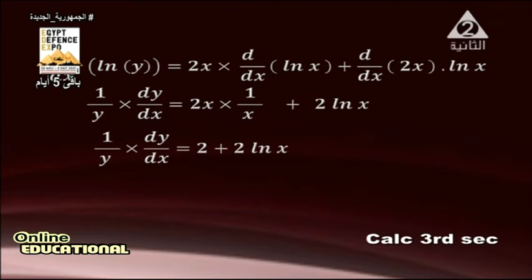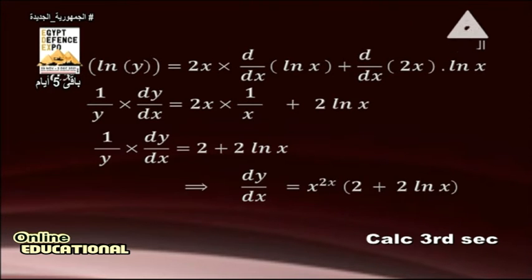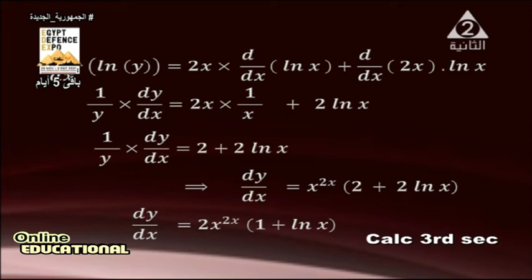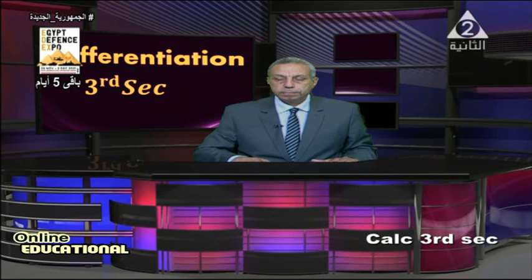Then 1 over y dy dx equals 2 plus 2 ln x, and dy dx equals x to the power 2x multiply 2 plus 2 ln x, and we can take 2 as a common factor. Then dy dx equals 2 x power 2x multiply (1 plus ln x).